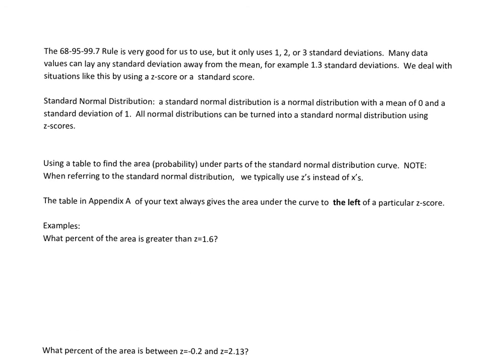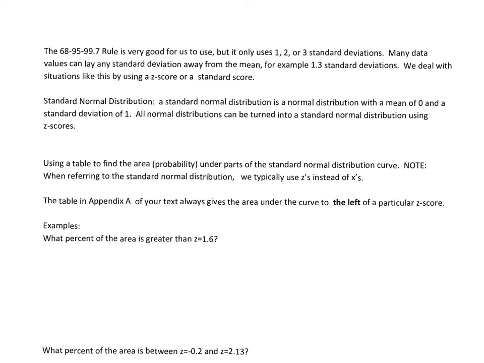So, like I already talked about, the 68, 95, 99.7 rule is very good, but it only uses 1, 2, or 3 standard deviations. Not a lot of data lays specifically that many deviations. Some of them are decimals, like we looked at in 2.1. So for example, 1.3 standard deviations. So what we do here is we use a z-score, or a standard score.